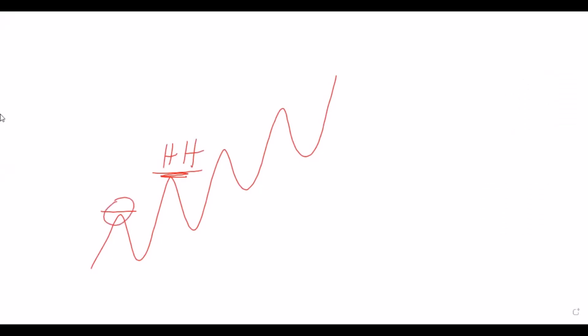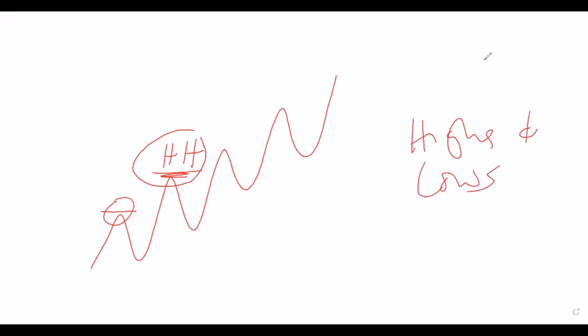So for you to mark the low responsible for this higher high, you have to look for the previous high, which is this one, and the last low that was formed after this high is the low you are going to take for the high, which is this one.